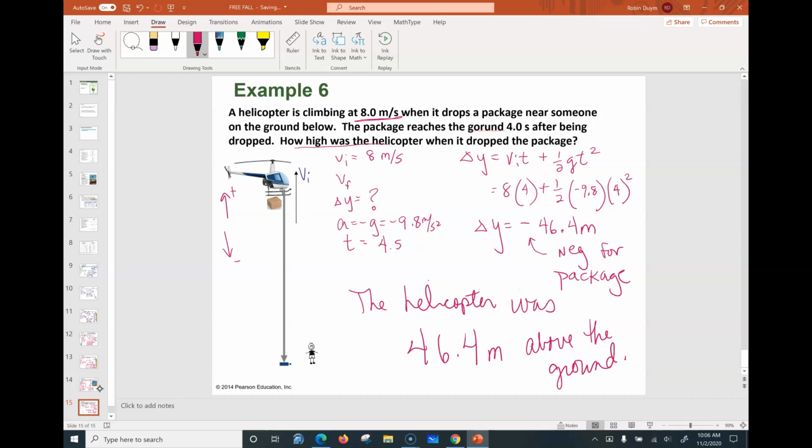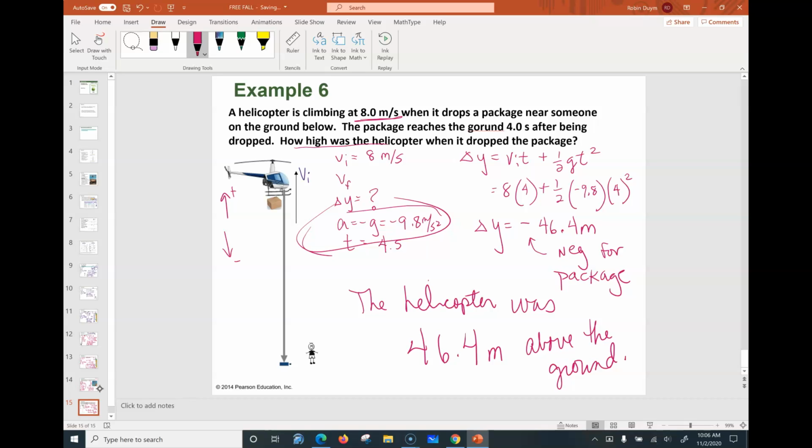Okay, so I hope that you went through and you wrote these examples down, and you have them on video so you can always go back and listen to the explanations. Biggest things are that the acceleration due to gravity is 9.8 meters per second squared, and when we're on Earth in this class, we're going to always take it down as negative, so you can automatically put this in your list.